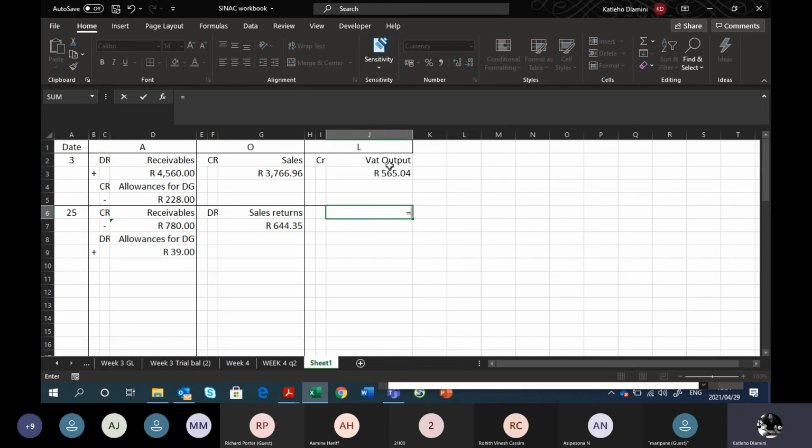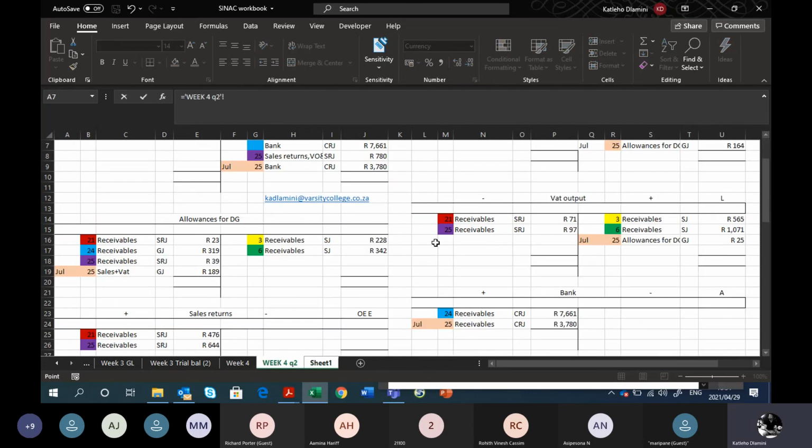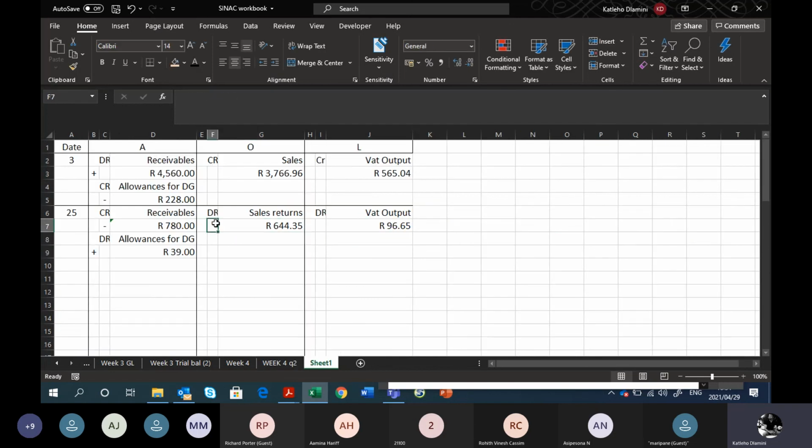I'm gonna grab this up here. VAT output is debited at the amount of 97 Rand. Okay, this is a negative effect. Okay, draw a line over there.